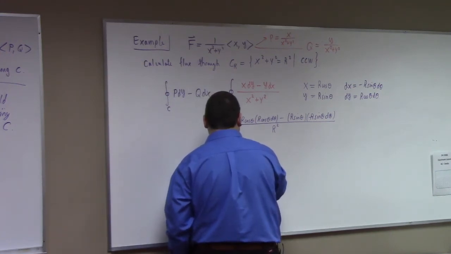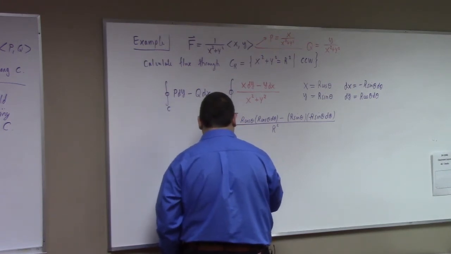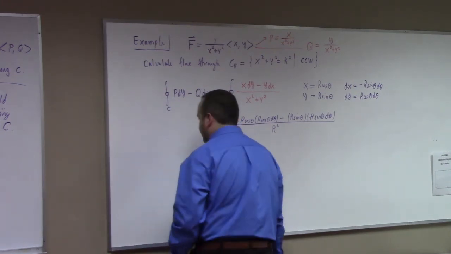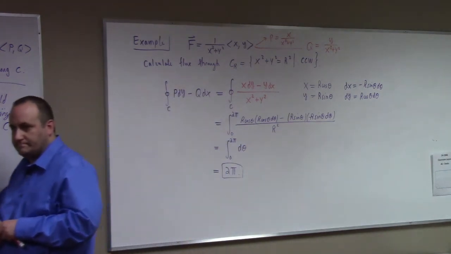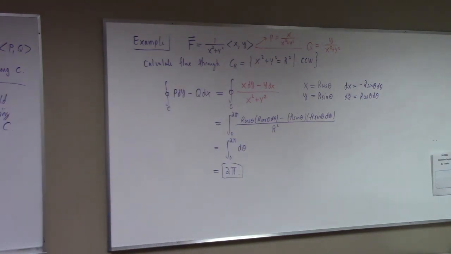The integral from 0 to 2 pi of d theta, also known as 2 pi. Which goes back to my assertion that the flux of the radial vector field through a circle should be something, yeah?